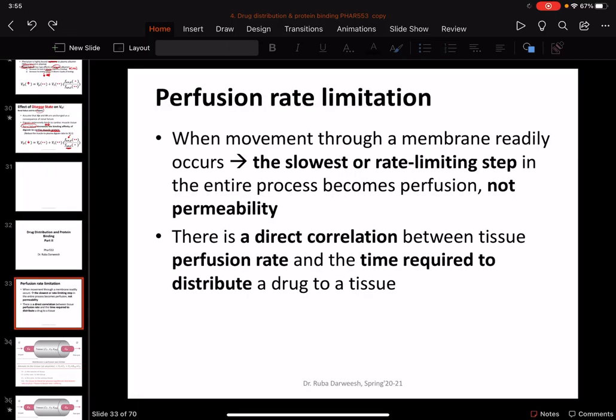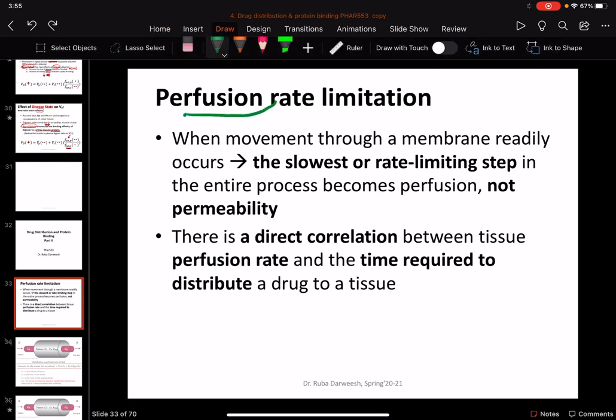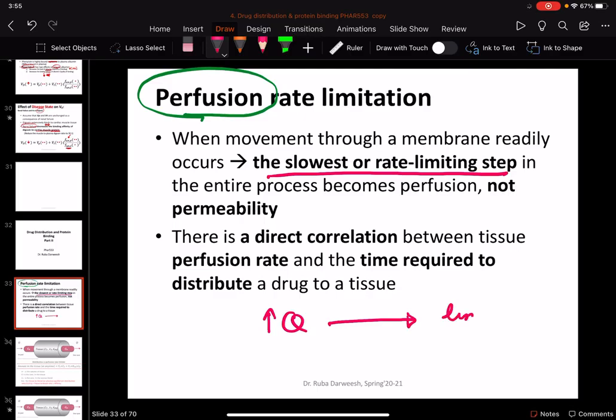So we mentioned that the distribution could be perfusion limited, in which perfusion is the rate limiting step, not the permeability. And we have a direct correlation, as we mentioned before, between the flow rate, or the perfusion rate, and the time needed to reach the distribution equilibrium.